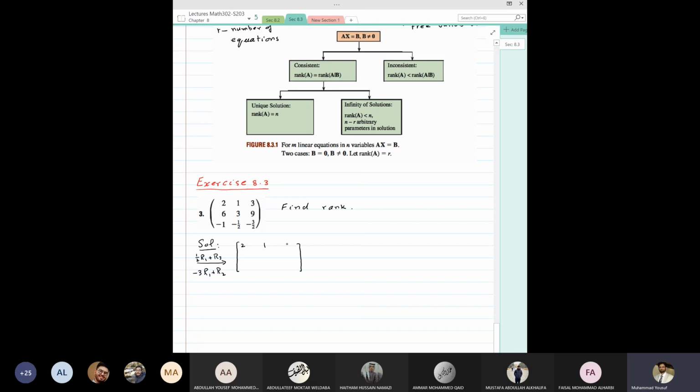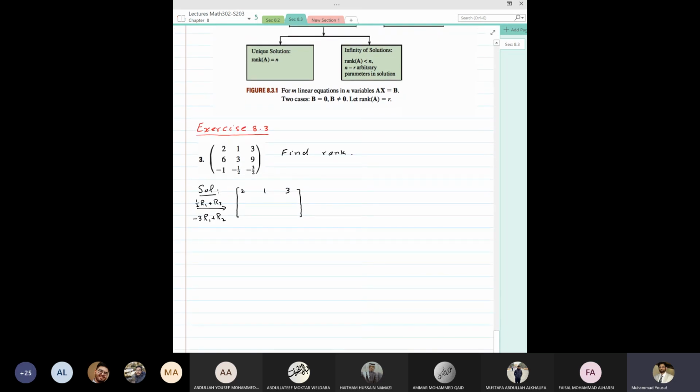Maybe we can change this 2 to 1 at the end if we need to solve a system, but if you are finding a rank, we can take the same thing. So multiply by -3. So -3 times 2 is -6 plus 6 is 0. -3 plus 3 is 0.